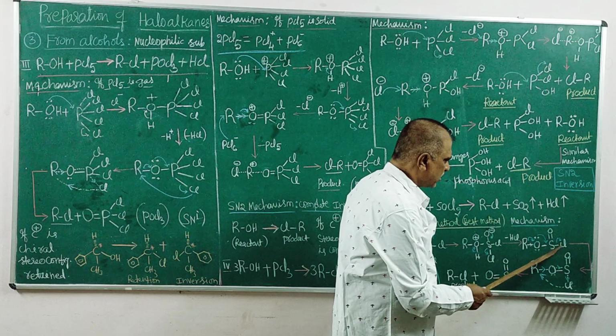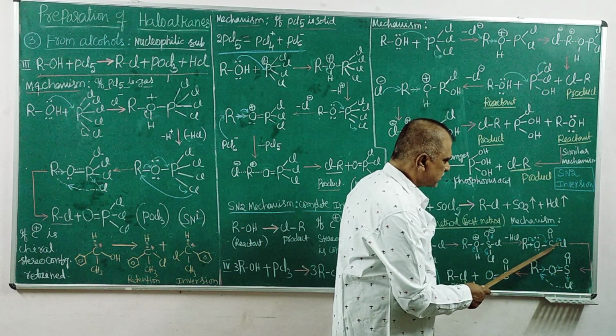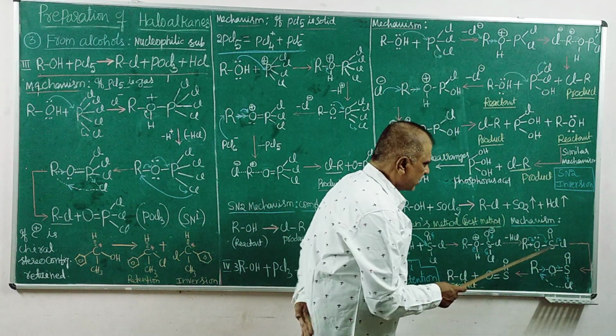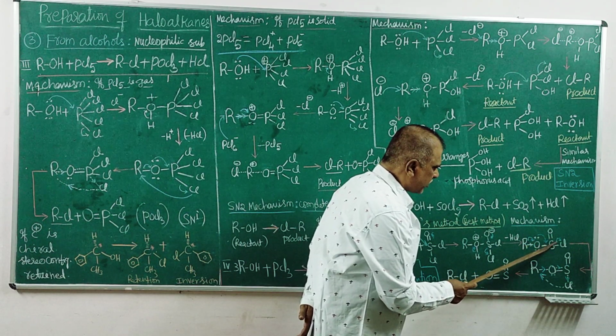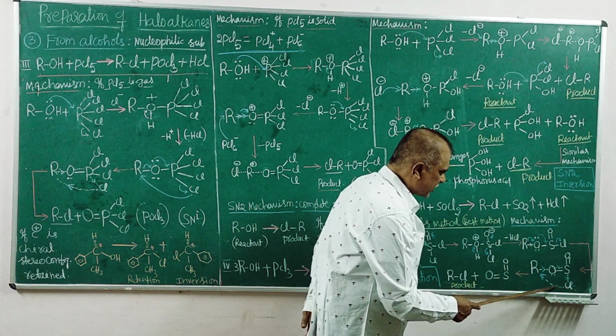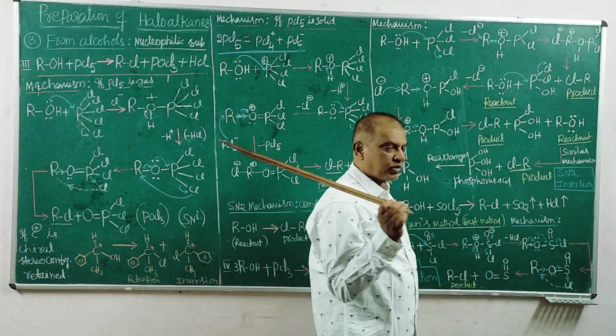And this Cl breaks, a rearrangement. So simultaneous breaking and forming. Here this chemical bond begins to form, this chemical bond begins to break, this chemical bond begins to break, and one more chemical bond begins to form with this here. Simultaneous, like the previous one.